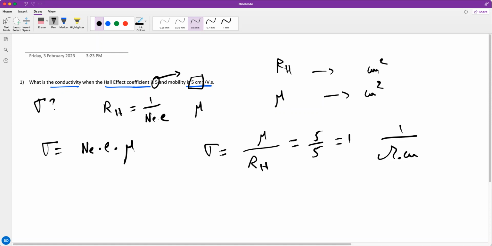So you know that this is centimeters, so this will be centimeters. Okay, Professor, thank you.